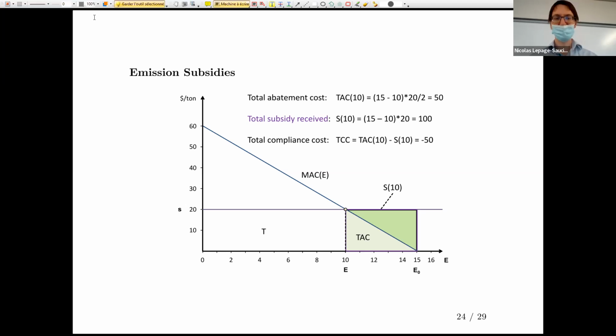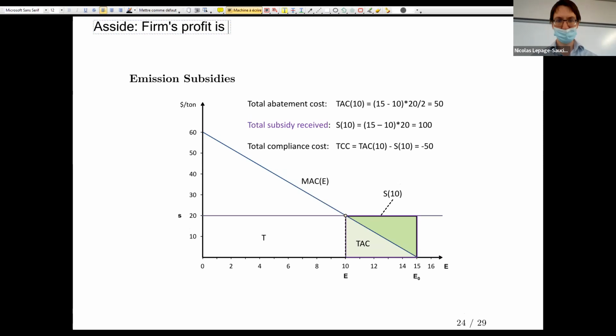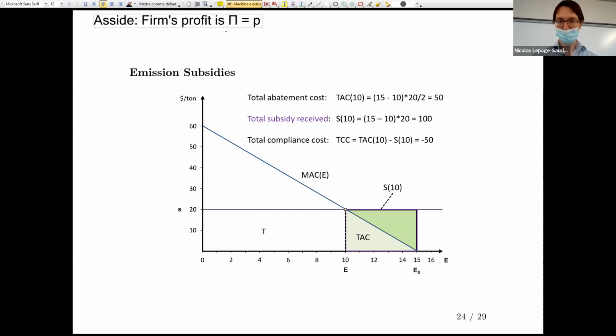Okay, so aside, this is not on the exam, but the firm's profit is price times quantity minus cost, which is a function of quantity. And how do you model it? If it's a tax, for instance, then it's minus Q times the tax rate. So the tax rate is just an extra marginal cost that you pay on top of this, and then you can just look at what you get.